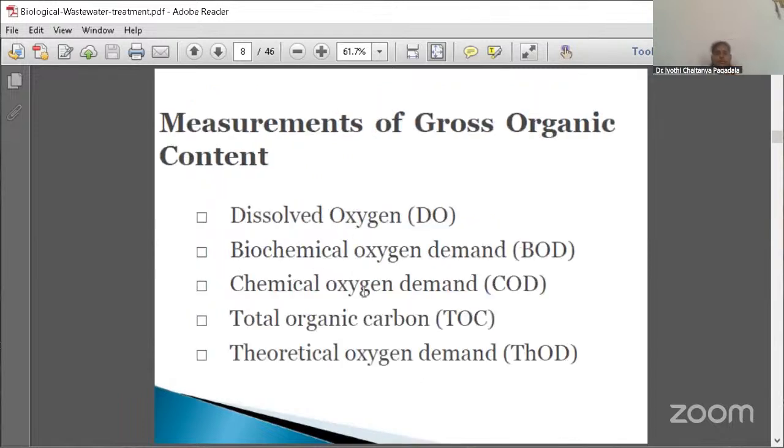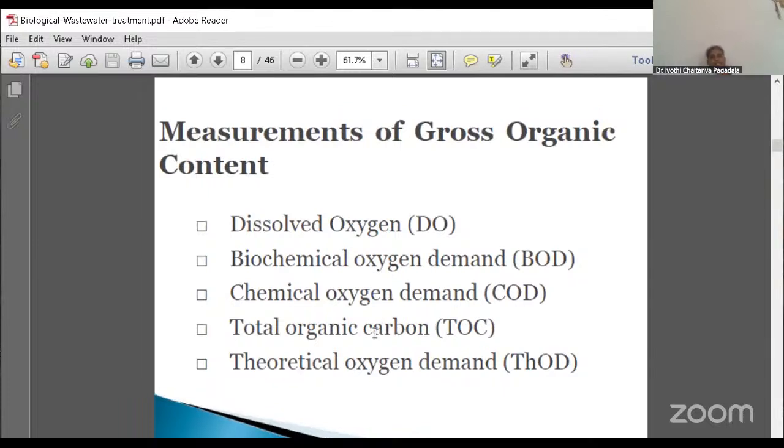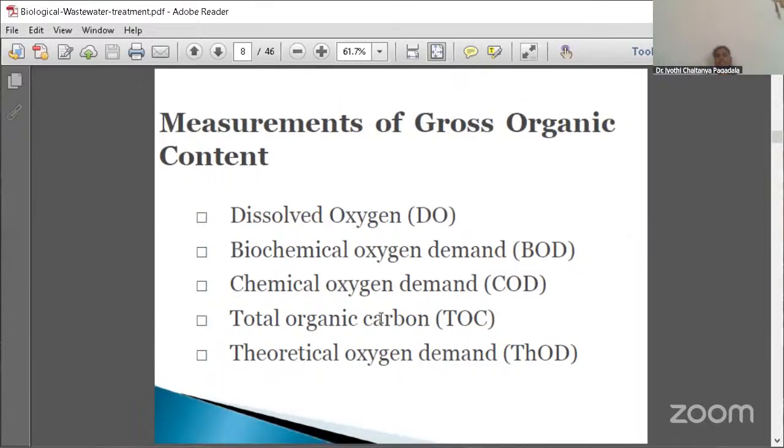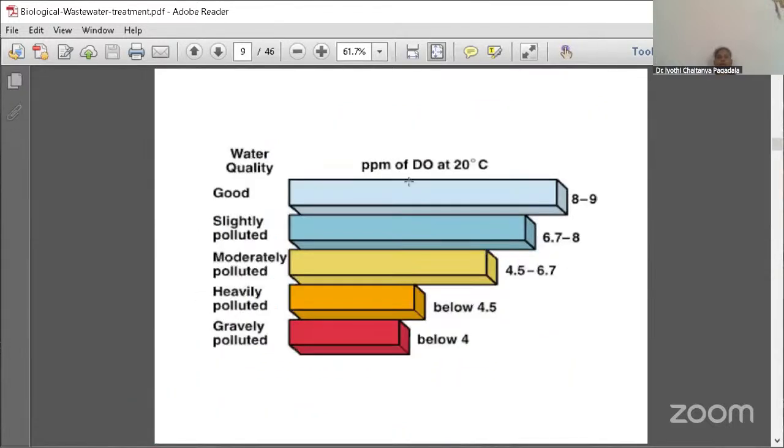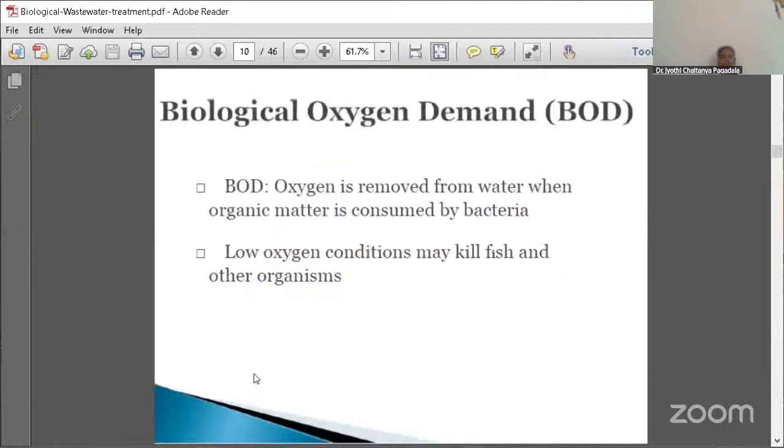And just now I told you dissolved oxygen and biochemical oxygen demand, biological oxygen demand or biochemical oxygen demand, chemical oxygen demand, total organic carbon, and theoretical oxygen demand. What is biological oxygen demand? Oxygen is removed from water when organic matter is consumed by the bacteria.